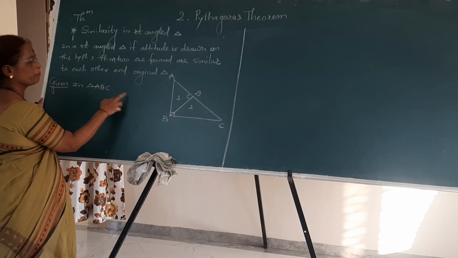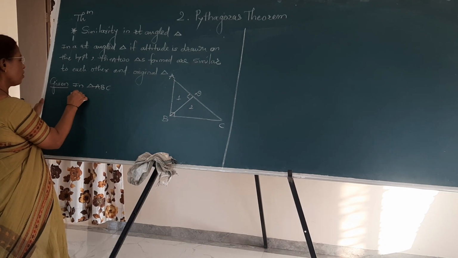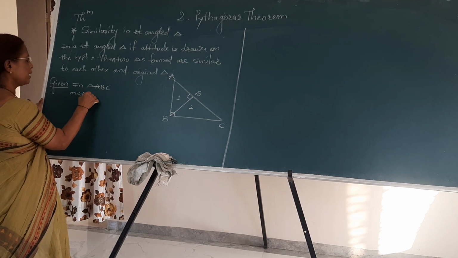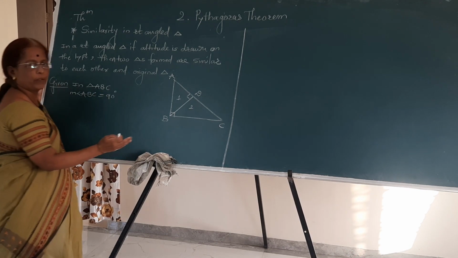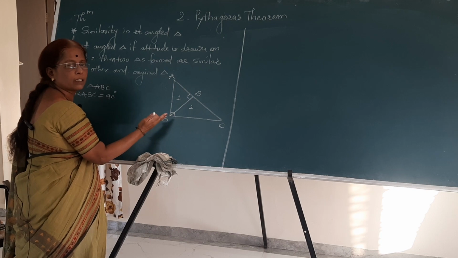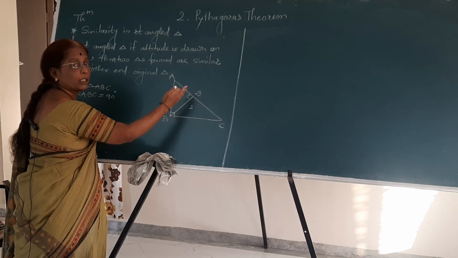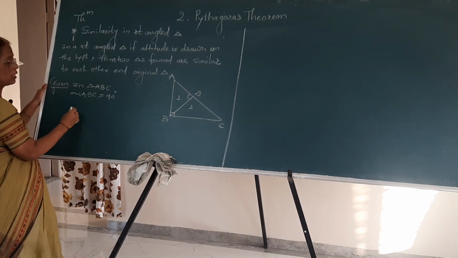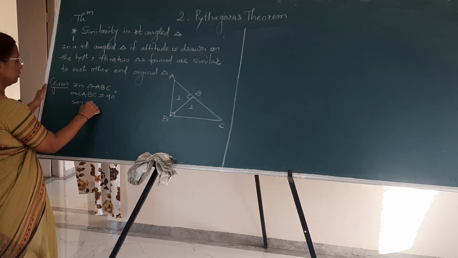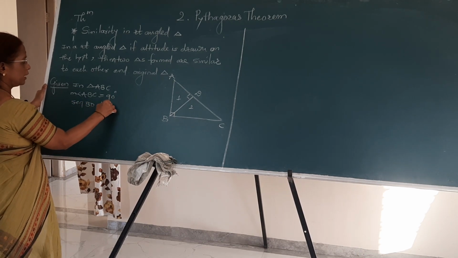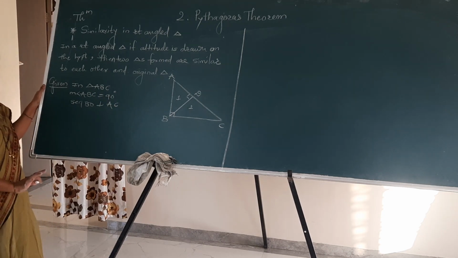In triangle ABC, the measure of angle ABC is equal to 90 degrees and we have drawn a perpendicular on the hypotenuse AC. So say BD is perpendicular on AC. Like this it is our given.